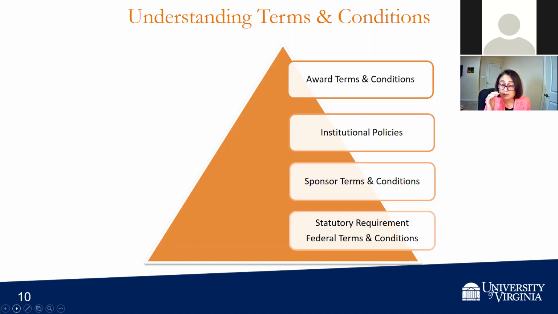So the award terms and conditions will apply to that sponsored program. So this is the basis of how we actually look at the terms and conditions and then decide on what is allowable versus unallowable.